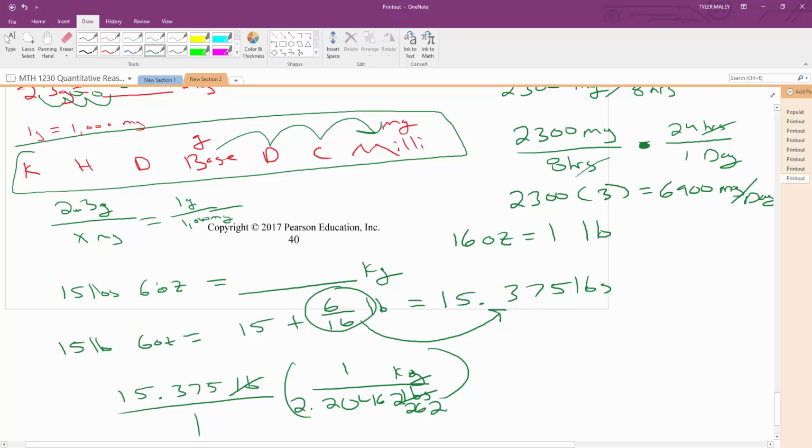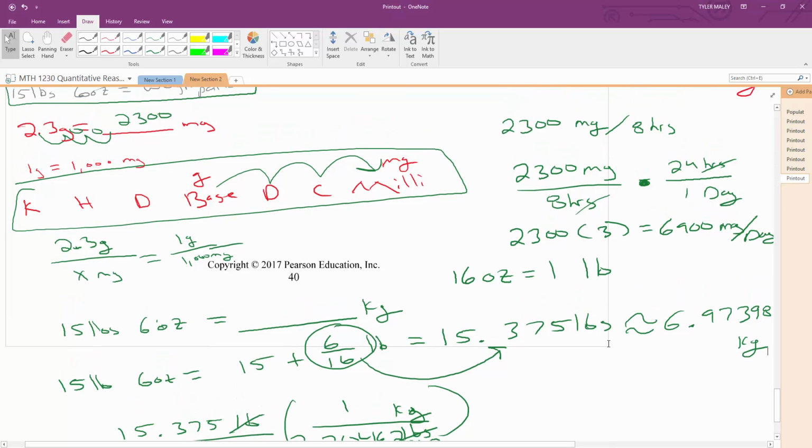So if I take 15.375 and divide it by that value from the table above, we get approximately 6.97398. I'll go to 5 decimal places to keep this accurate. So this would be kilograms.